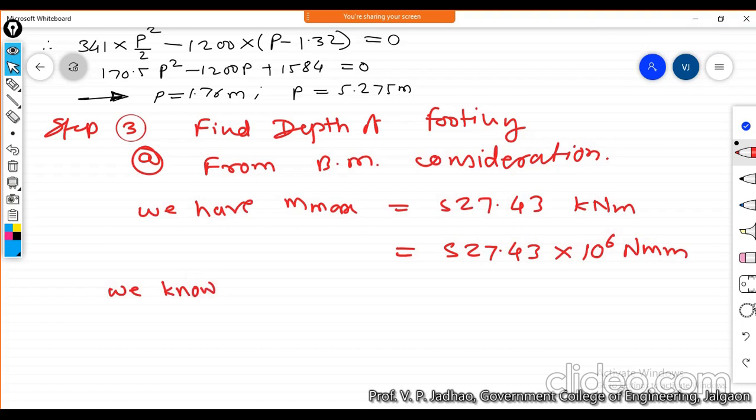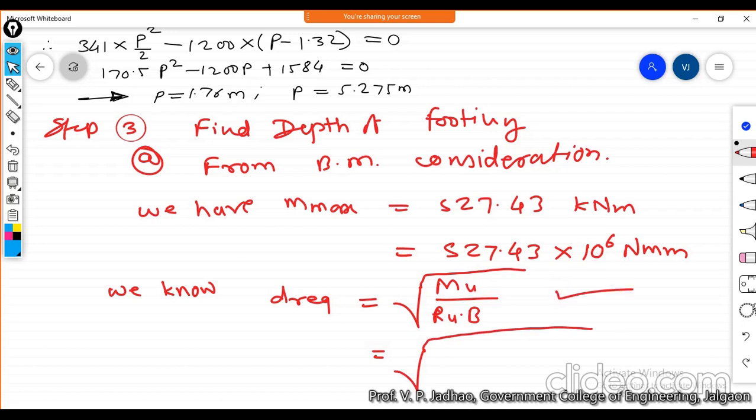The formula for calculating the required depth of foundation is d equal to square root of Mu divided by Ru into B, where B is the width of your footing. We have taken this in the earlier equation. So this is equal to 527.43 multiplied by 10 raised to power 6, divided by Ru, which we have already calculated as 2.76, multiplied by the width of footing, 2000 mm or 2 meter.